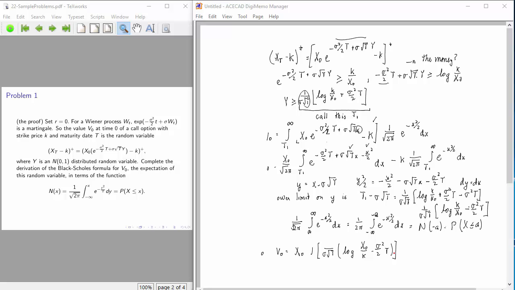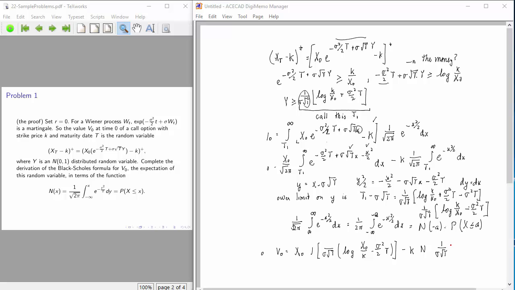And the second term was already in exactly the form we want. We've got minus k times the distribution function for the normal distribution evaluated for minus t1.